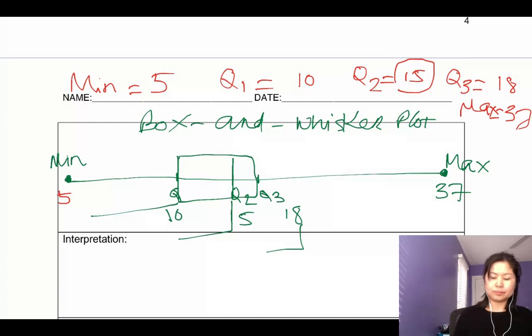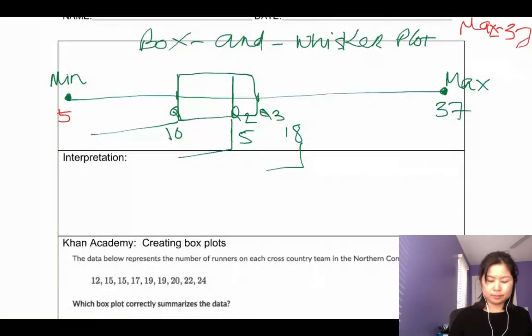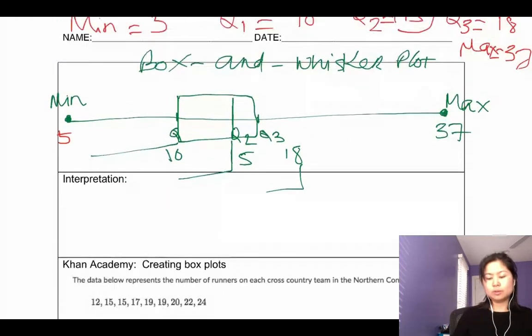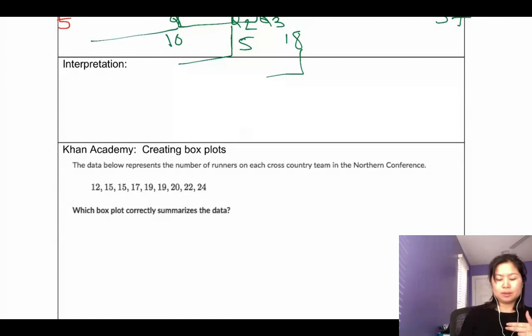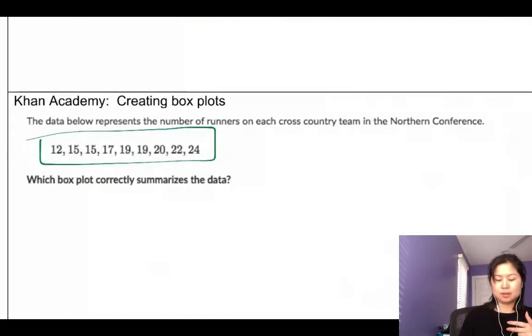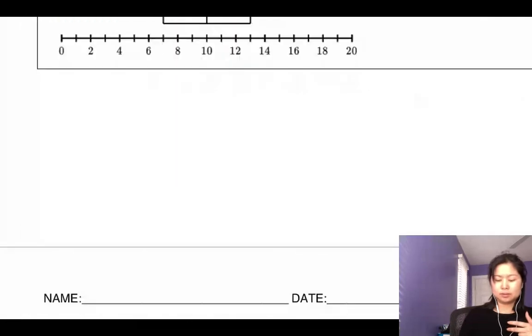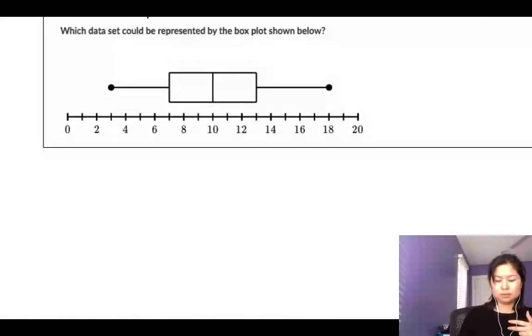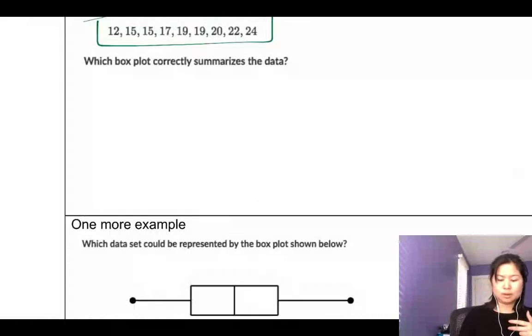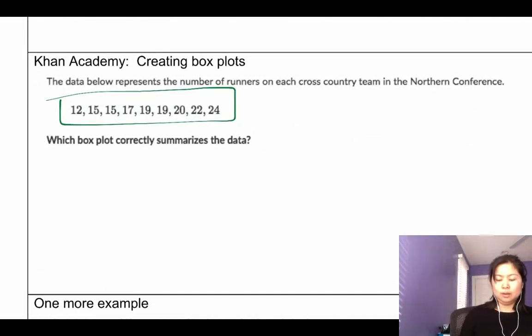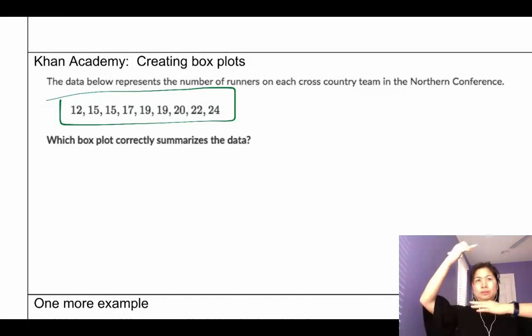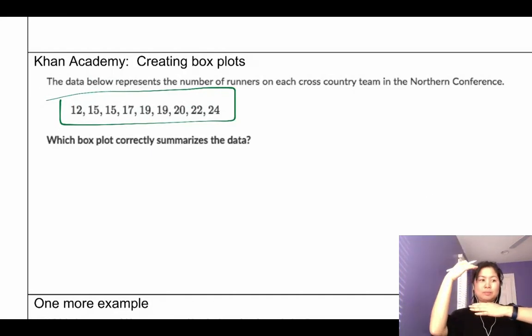Okay. So let's do another one. You will do another Khan Academy today. They will give you something like this. They give you a list, and then they give you a bunch of choices. They give you this, and they're going to ask you which one. So they give you a bunch of box and whisker plots for you to choose from.